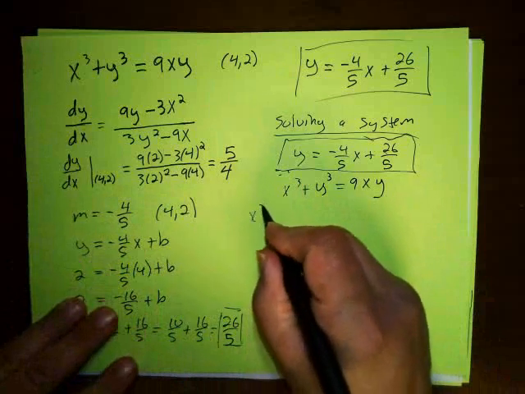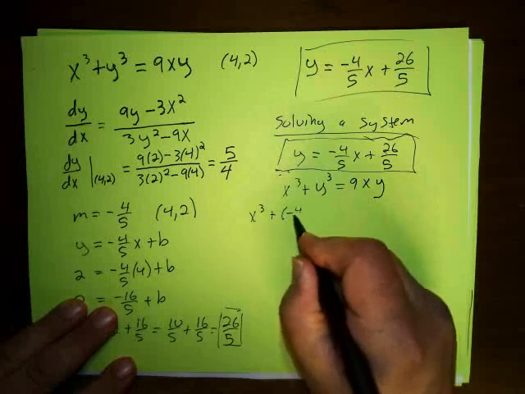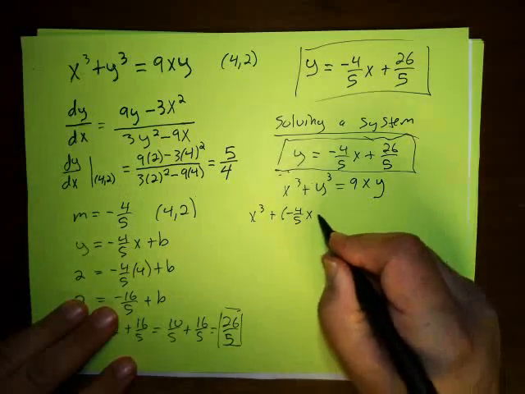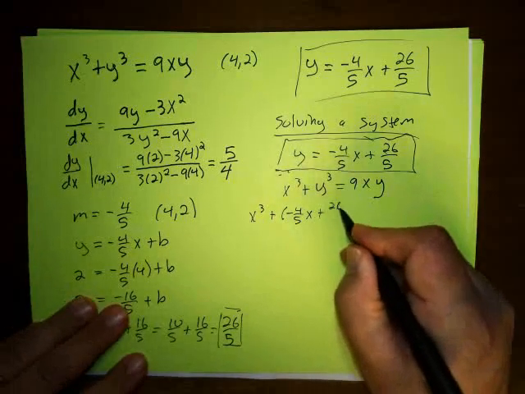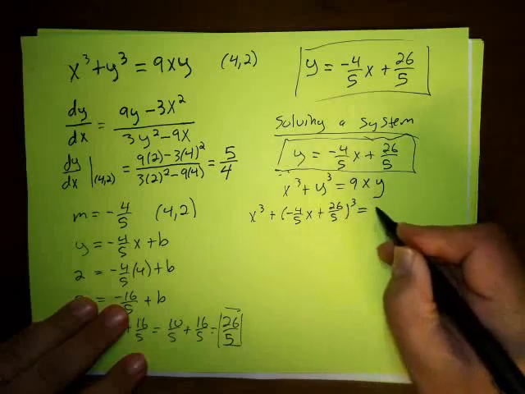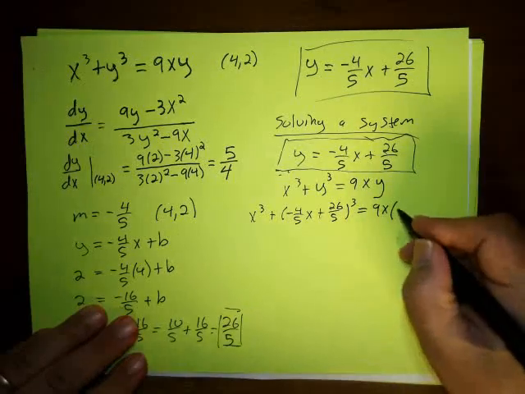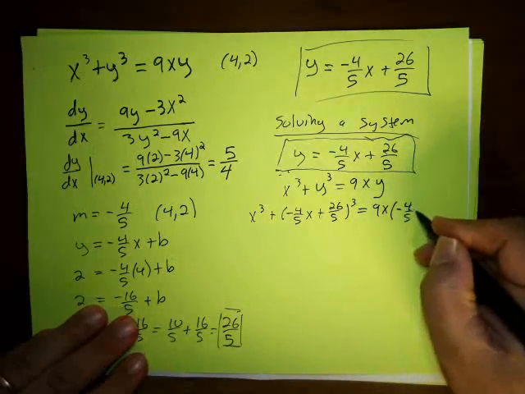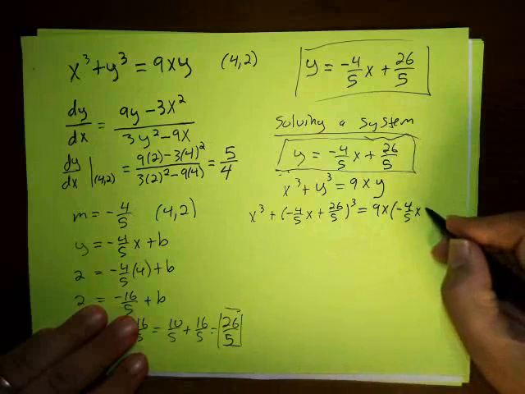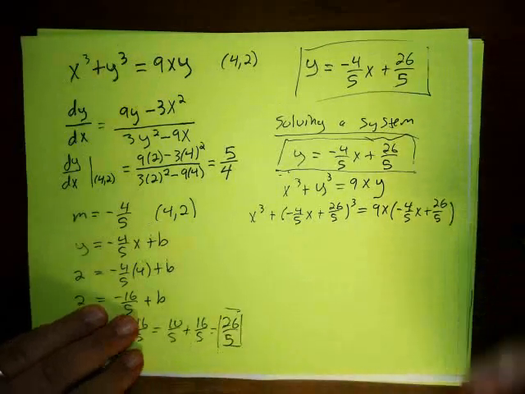And so I get x cubed plus, this will be negative 4/5 x plus 26/5 cubed is equal to 9x, and then in for y, it's again negative 4/5 x plus 26/5.